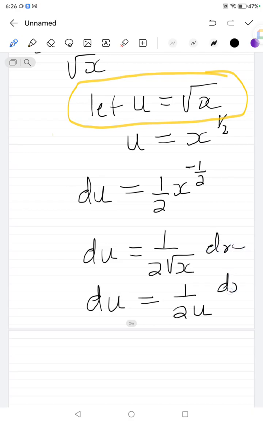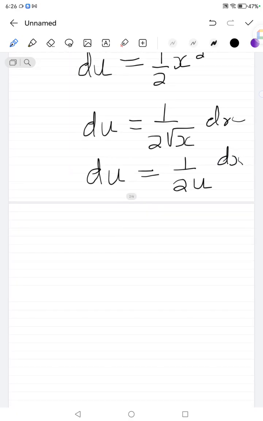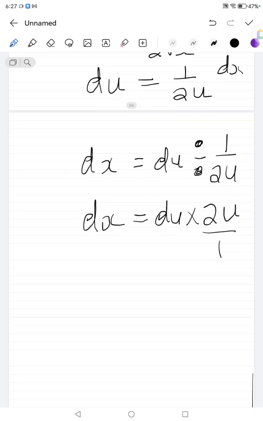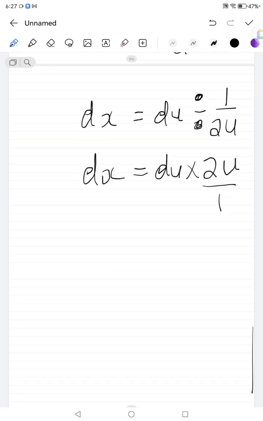Then dx will be equal to du divided by 1 over 2u. This is the same as dx equals du multiplied by 2u over 1. If you're dividing by 1 over 2u, you can just flip it like that.